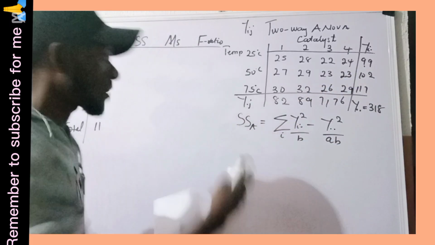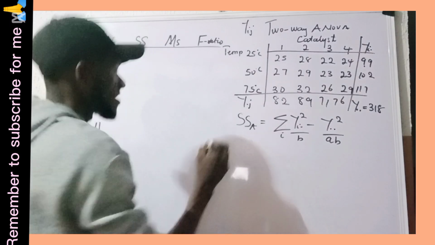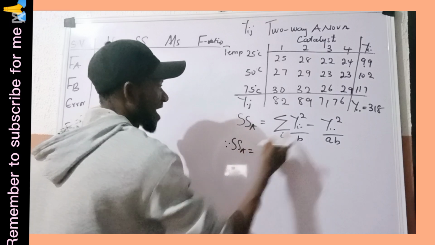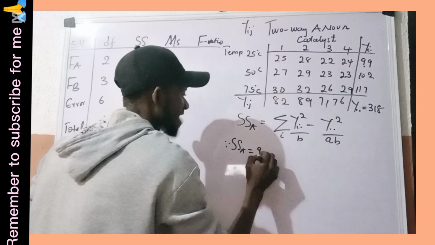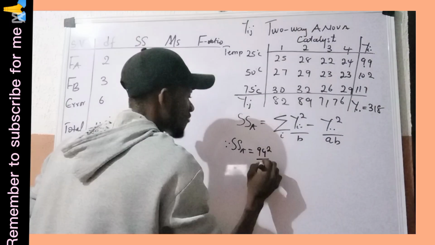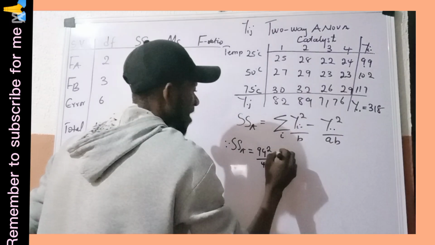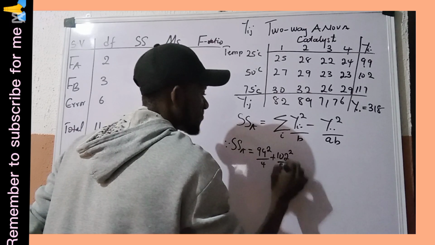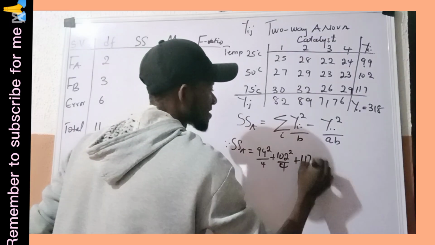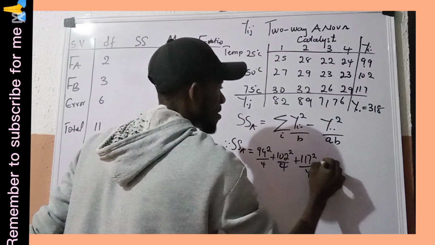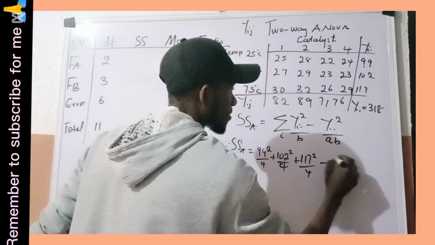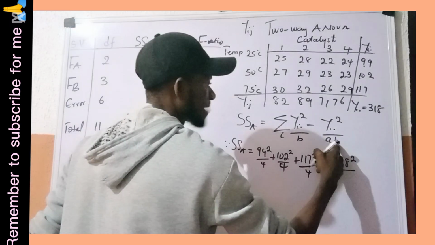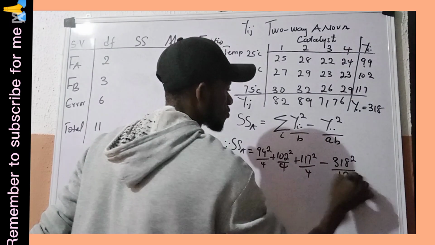So for me to get this SSA, I will now say therefore my SS of A is given as the first one here: 99 squared all over 4, plus the second one, 102 squared all over 4, plus the third one, 117 squared all over 4, minus 318 all squared all over, here is 4 times 3, which becomes 12.